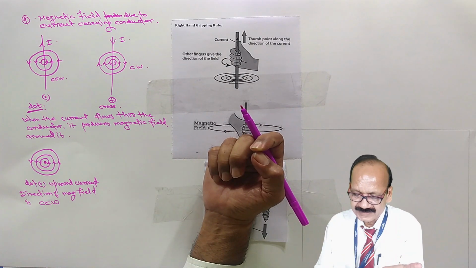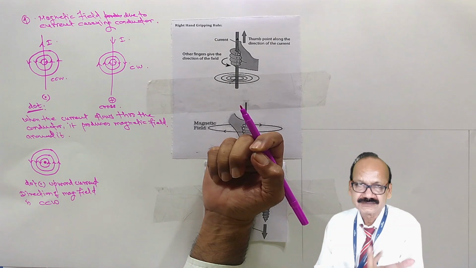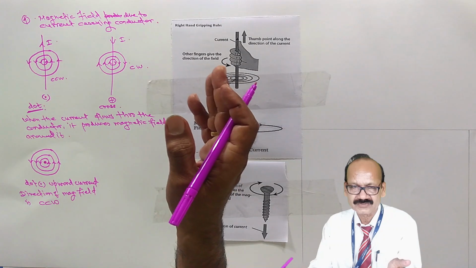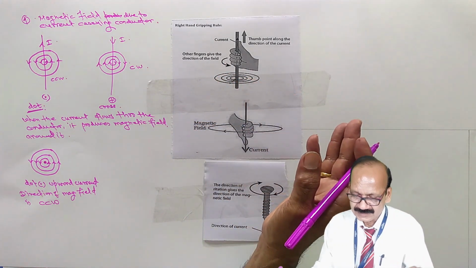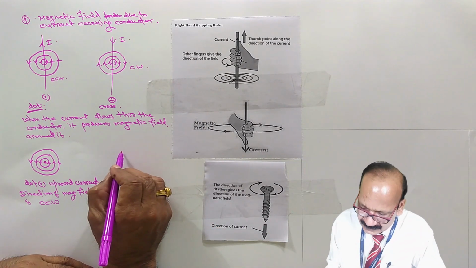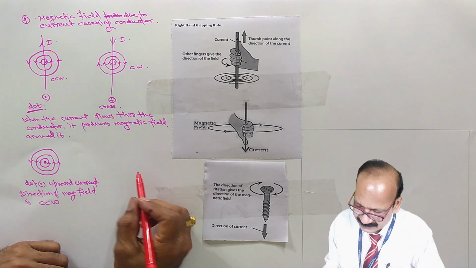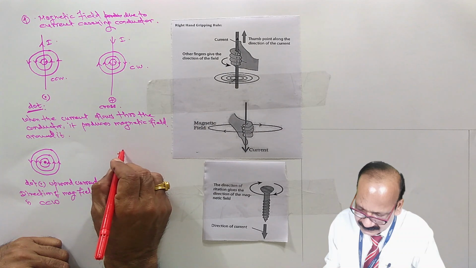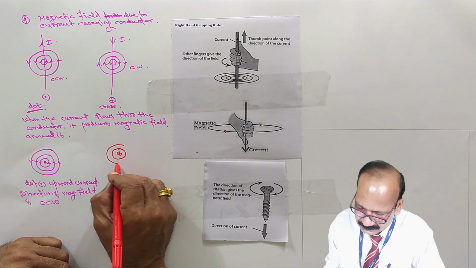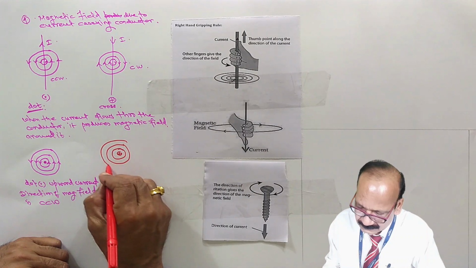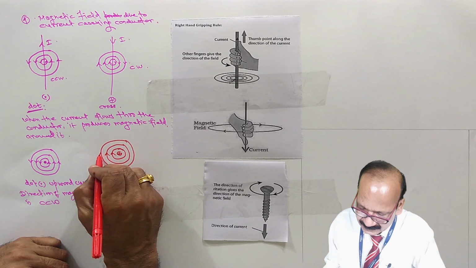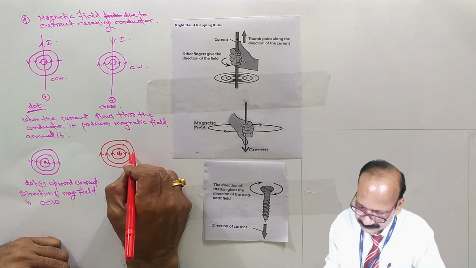You can observe its feathers, just like a bird going away. So it is seen as a cross, and therefore this cross can be shown as, this is the cross, and the direction of magnetic field is clockwise.